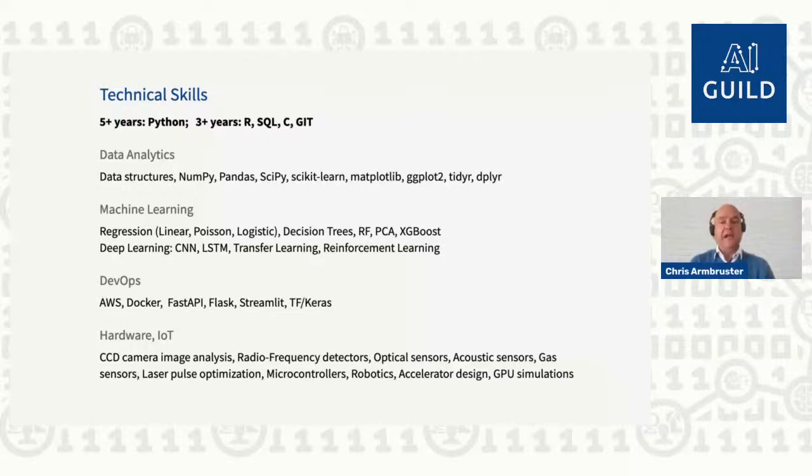Then this profile, by including DevOps and also IoT, makes clear that this person really is more on the side of engineering with hardware, getting algorithms to work that are connected to hardware.